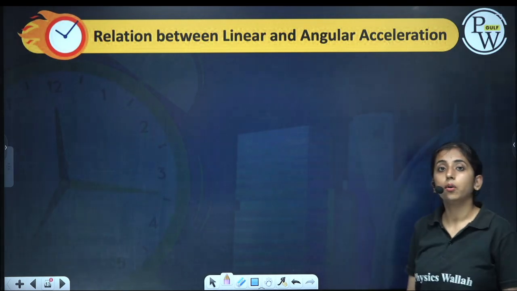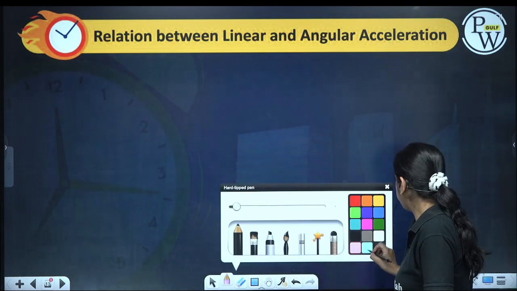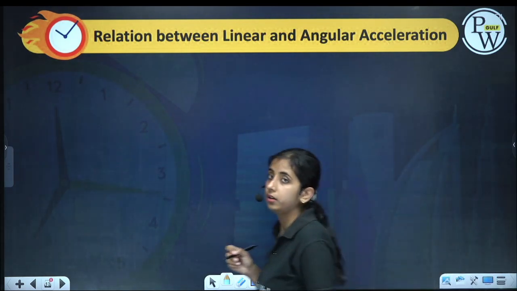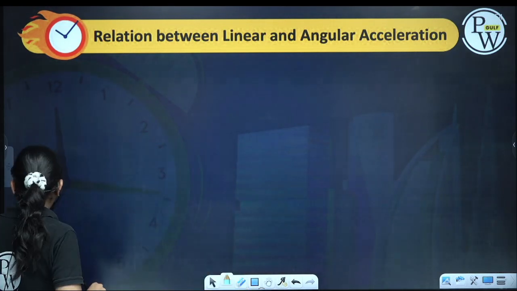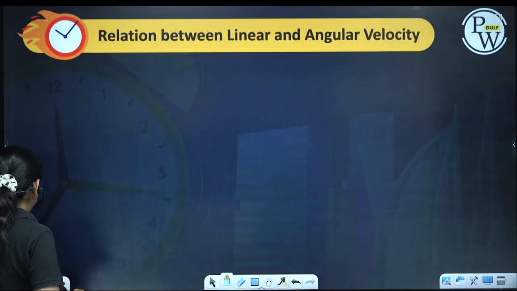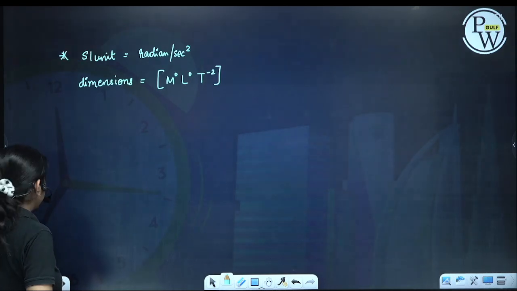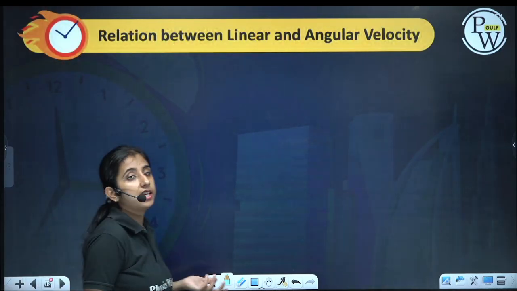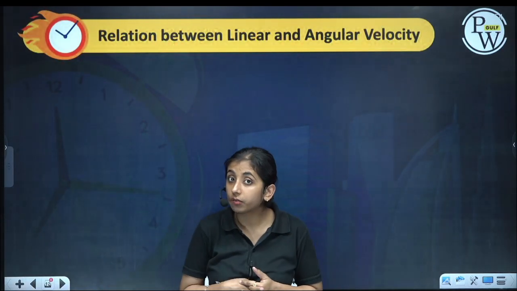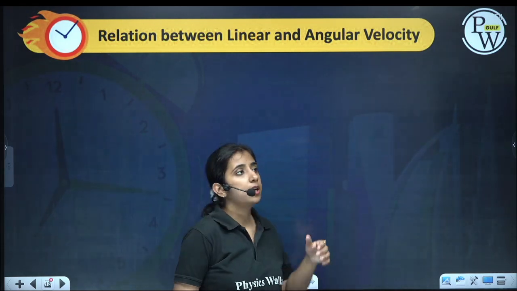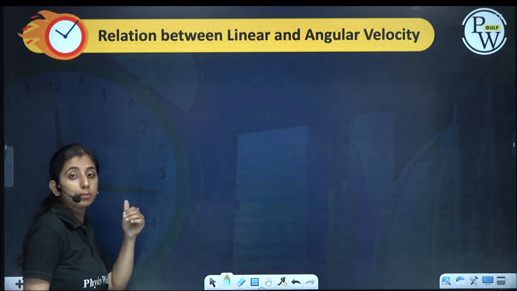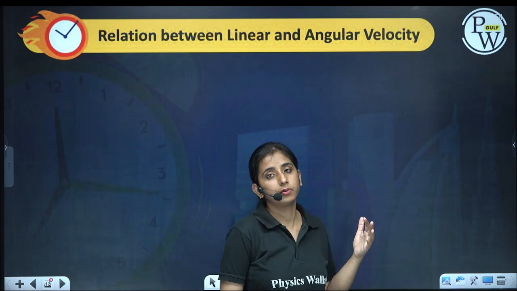But we'll do velocity first, because if we know the relation between velocity, then only will we know the relation between acceleration. So let us move to the relation between linear and angular velocity.